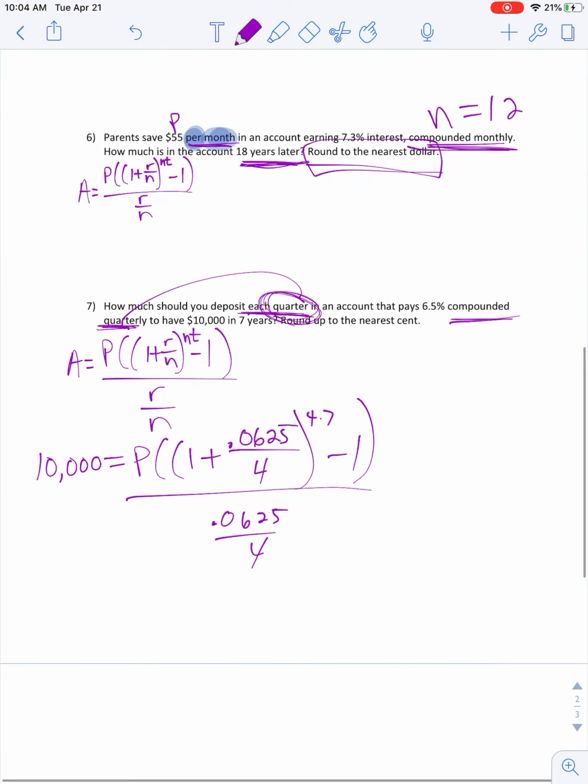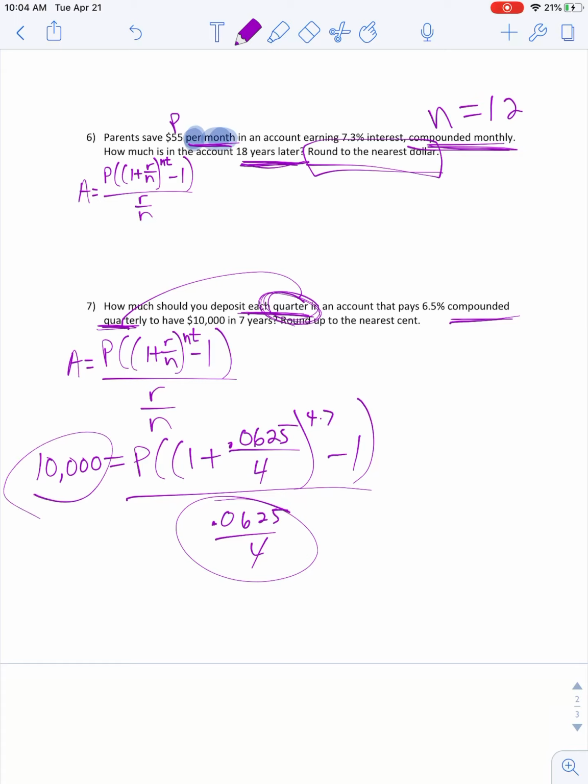Now, there are different ways you can do this one in the calculator. What I always like to do is multiply these two together and then divide by all of this.